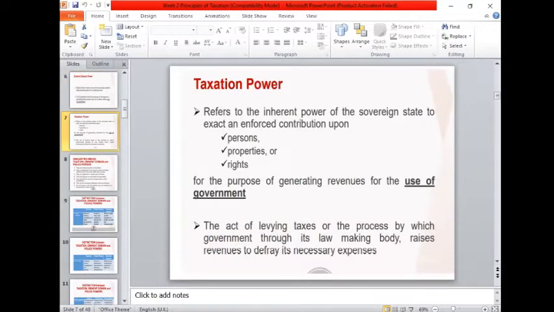The third one is the taxation power. This is the most divine power of the government, because taxation power is an inherent power of the sovereign state to enforce contribution upon persons, which is us, the individuals, regardless of whether natural or juridical persons, as well as properties owned by natural and juridical persons, and even rights.